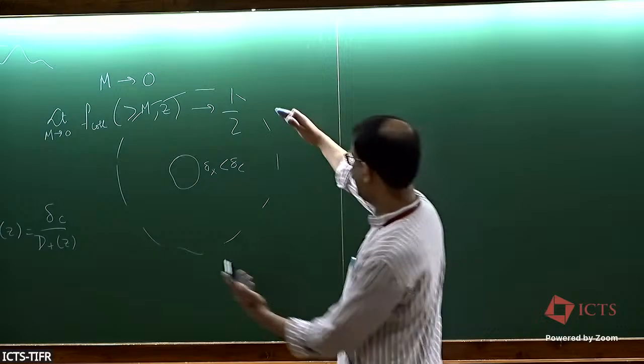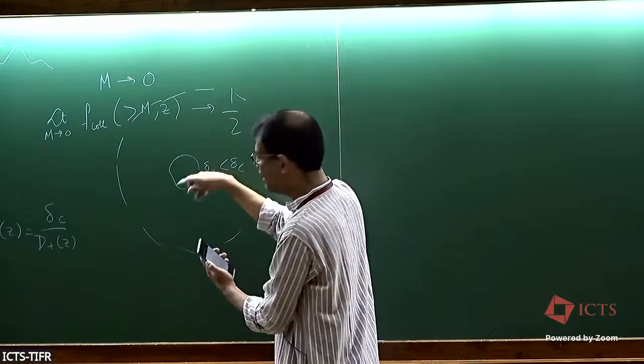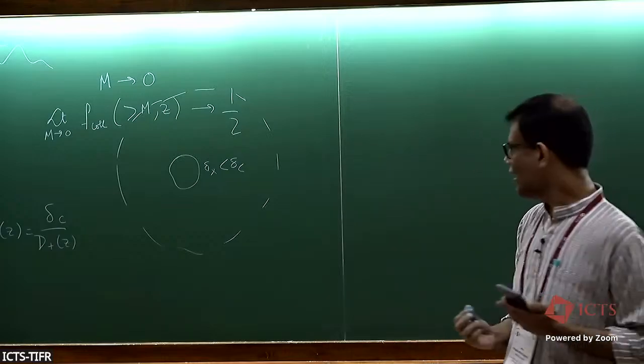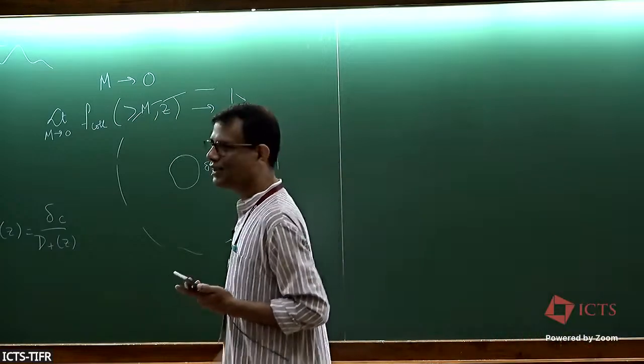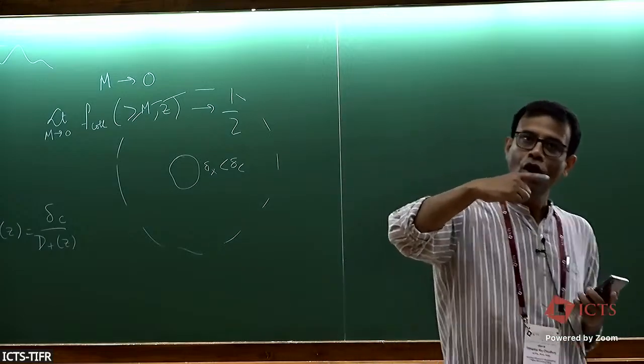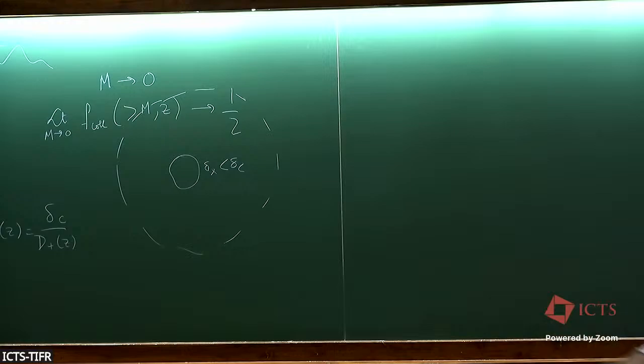Then this larger sphere will collapse, and within that this one will also collapse. So clearly it doesn't mean that if the delta is less than delta c, it cannot collapse. It will depend on what is happening at other scales also at the same point.